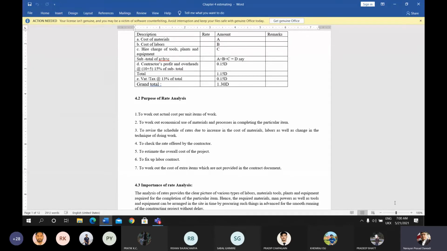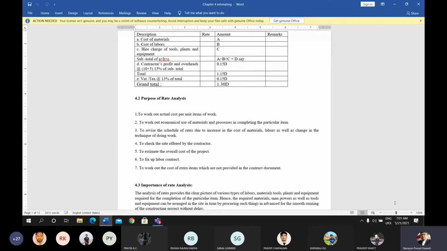But if we have non-scheduled items, then those items' rate analysis should be made separately later. To know the cost of an extra item, the direct cost of the material, labor, or equipment is the direct cost, and the contractor's profit as well as VAT gives the cost of the extra item. This is not the direct cost, this is the indirect cost. Similarly, indirect cost can also be calculated, and scheduled or non-scheduled items' cost can also be calculated. This is the way to work out the cost of extra items which are not provided in the contract document.